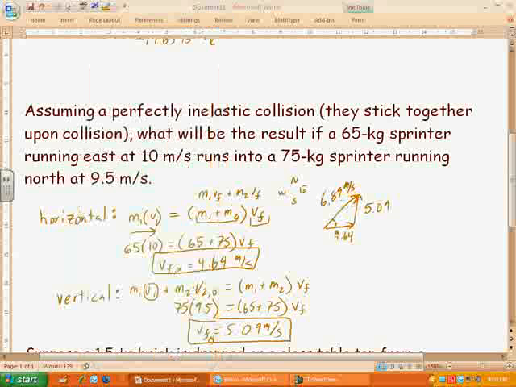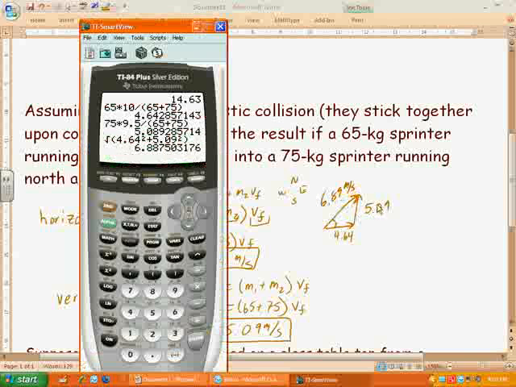We can get that angle. I'm going to use tangent, opposite over adjacent. So tangent inverse 5.09, opposite over adjacent 4.64.